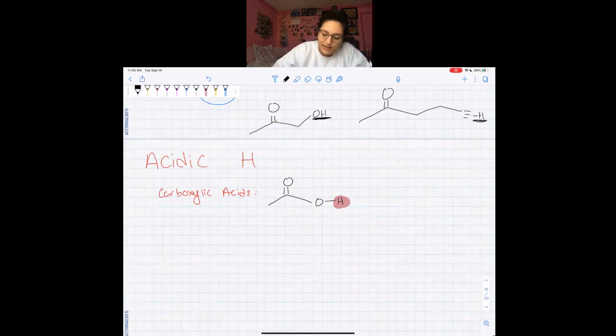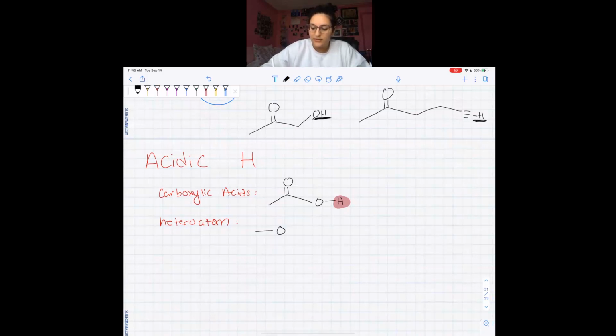If we have a heteroatom, so if we have an OH present, the squiggly line just means that that's attached somewhere on the molecule. So if we have a carbonyl with an OH somewhere, this counts as acidic. In addition, you won't really see this, but let's say we had something like NH2. Nitrogen is also a heteroatom, so this would be considered acidic.